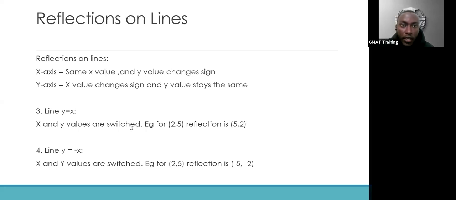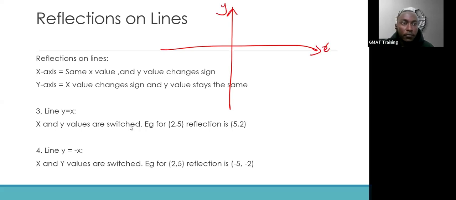Reflection on the x-axis. So this is the x-axis and this is the y-axis. If you have a point here and a mirror here, then it will be reflected at this point.